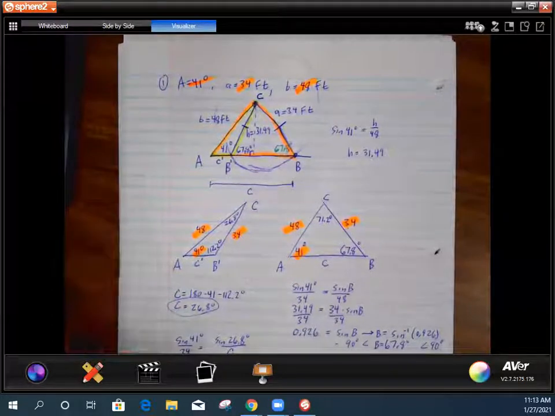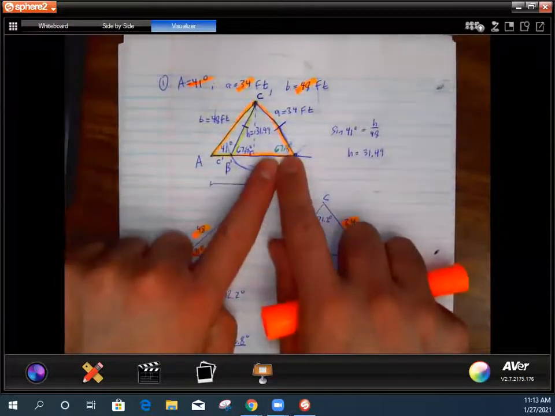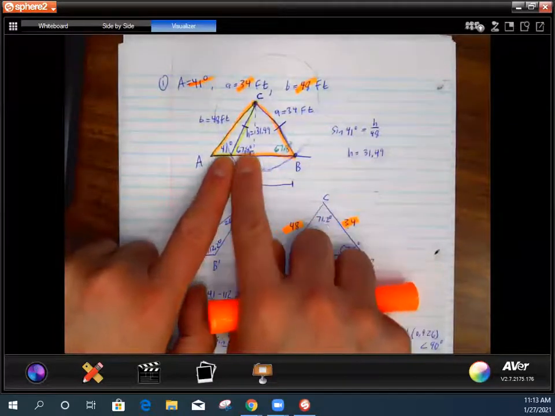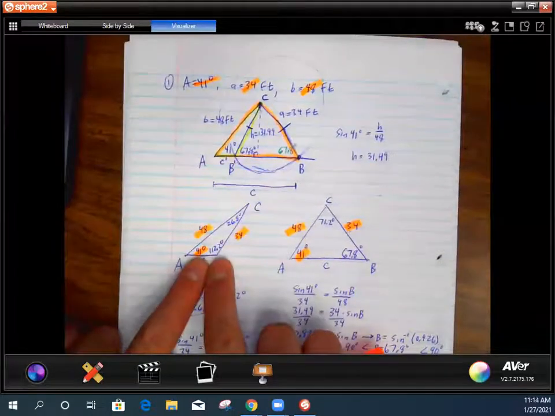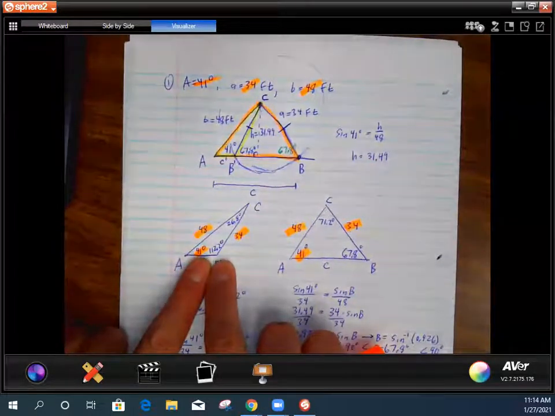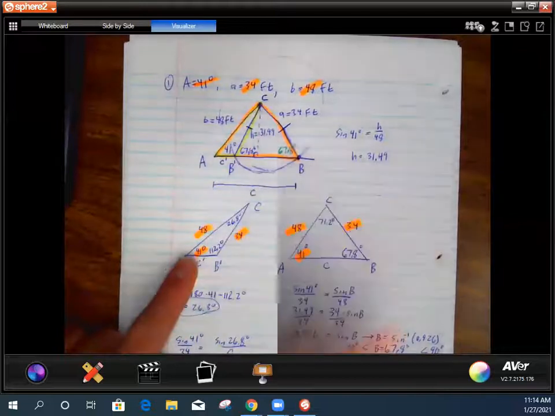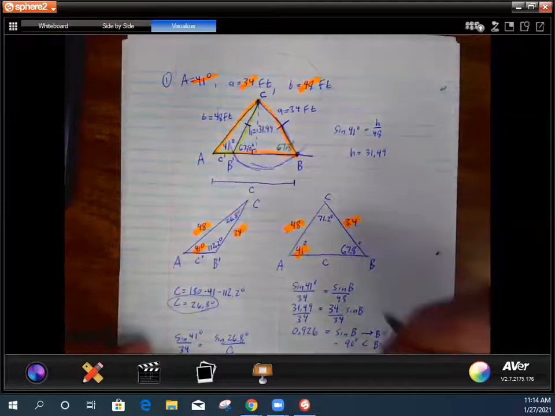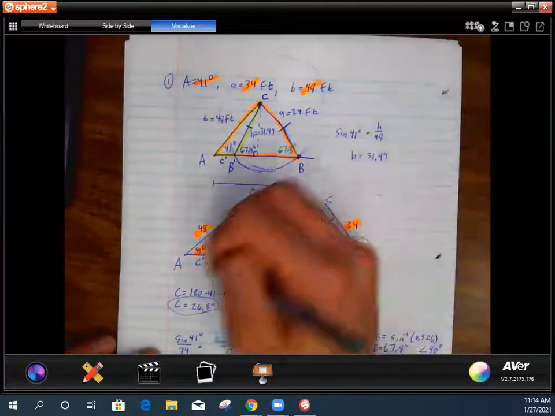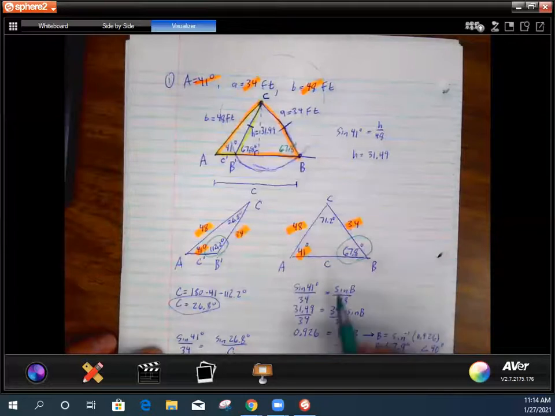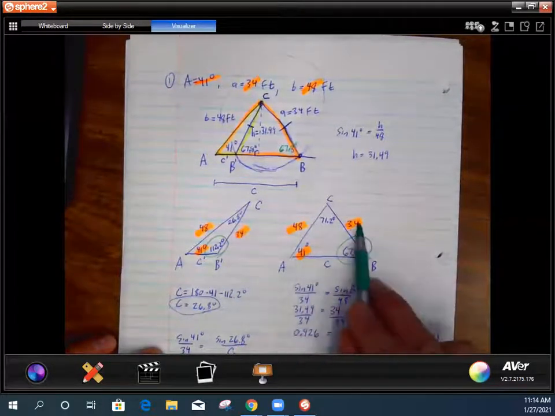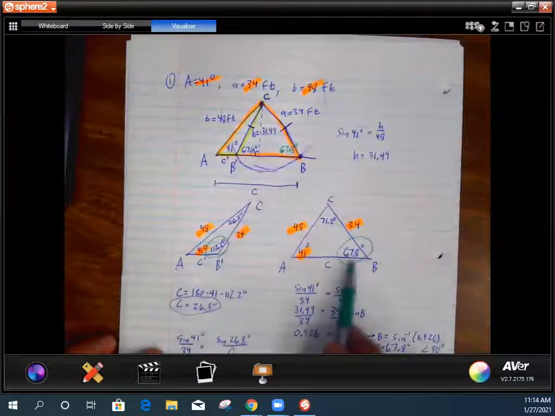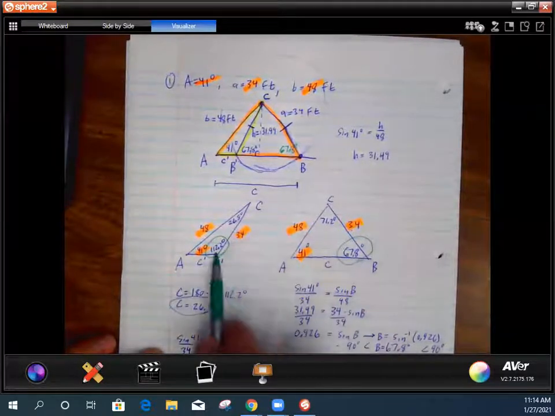Once you know there's two triangles, then that first angle that you find is going to be equal to this angle. And then that's going to be supplementary to the other angle B in the other triangle because of this isosceles triangle here. And also because, like we talked about, whether you were solving for angle B or angle B prime, you would do the sine of 41 over 34 equals the sine of B over the side across from it, 48.